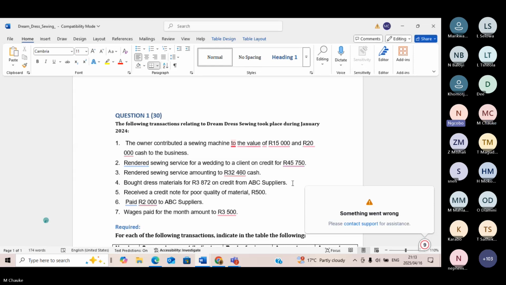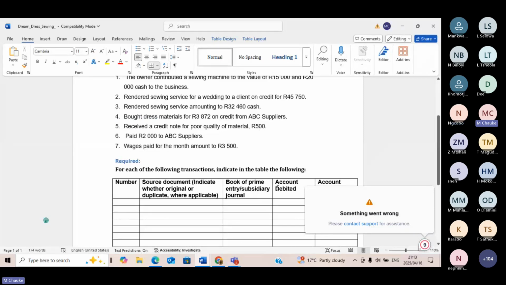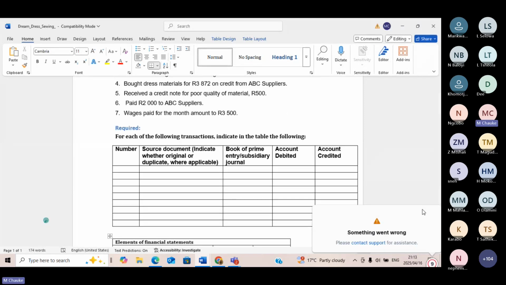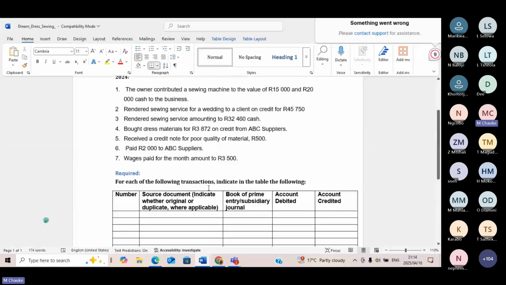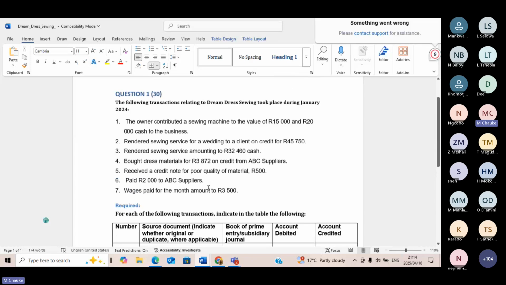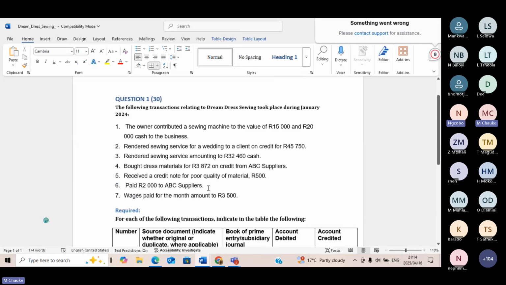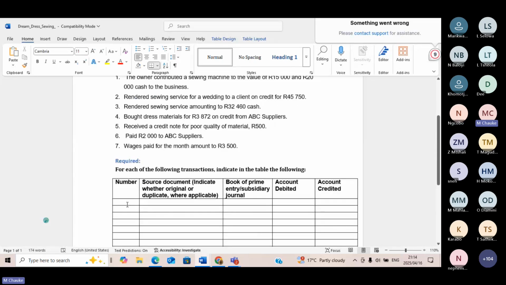Now, how do we record our transaction? Our format says we need to start with the number. Obviously the number is going to be number 1.